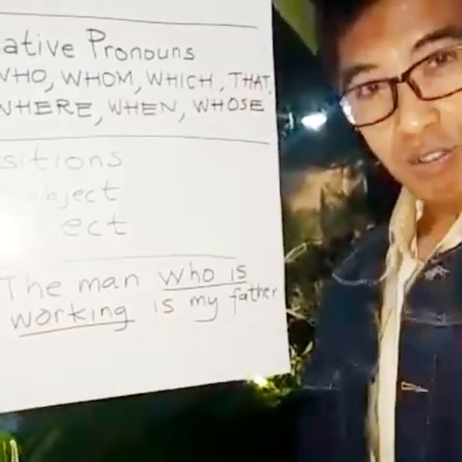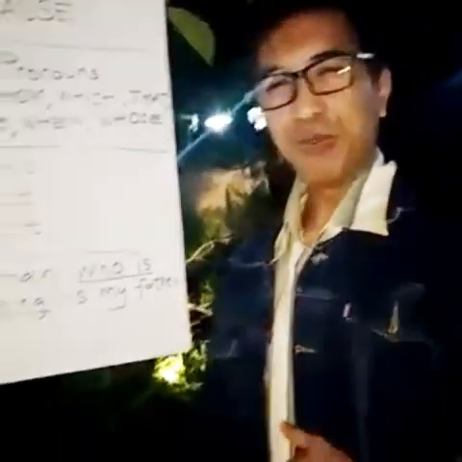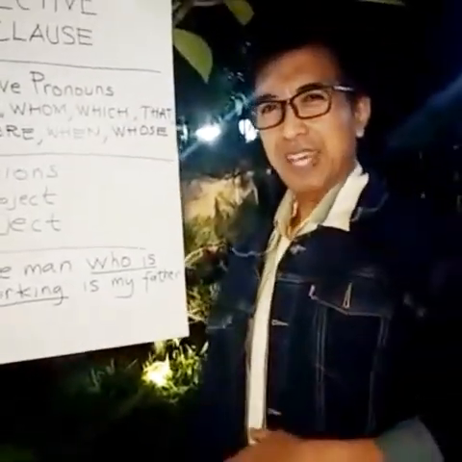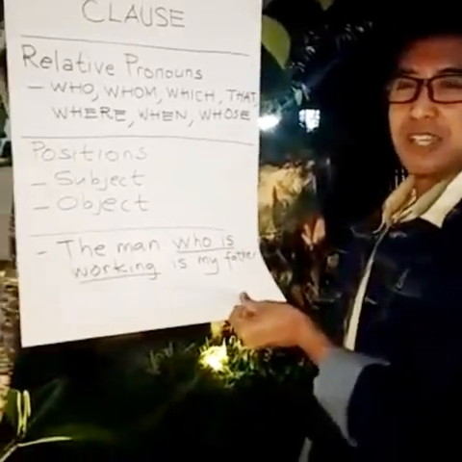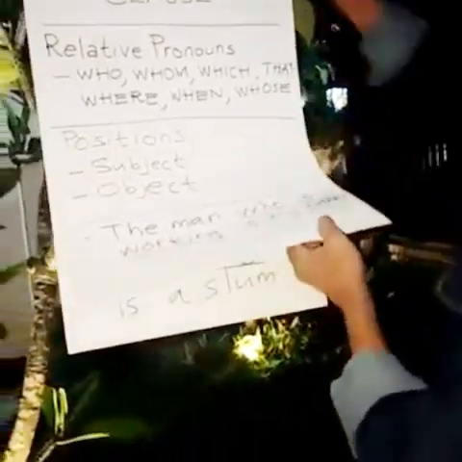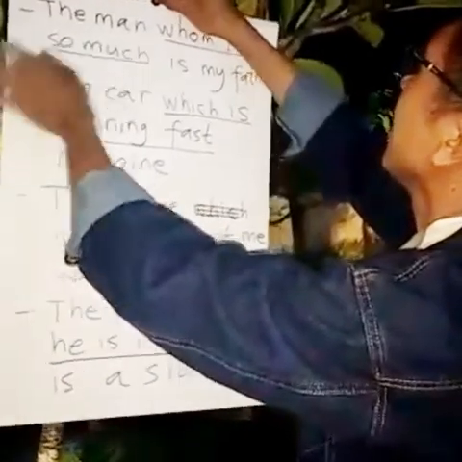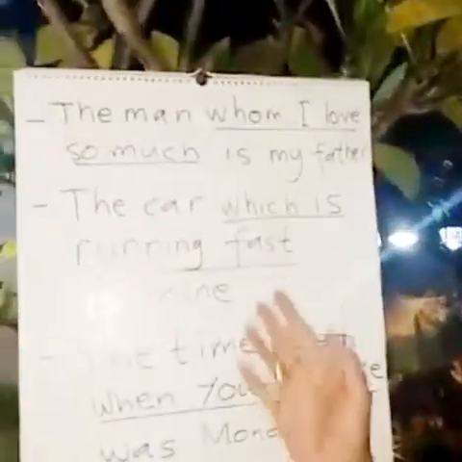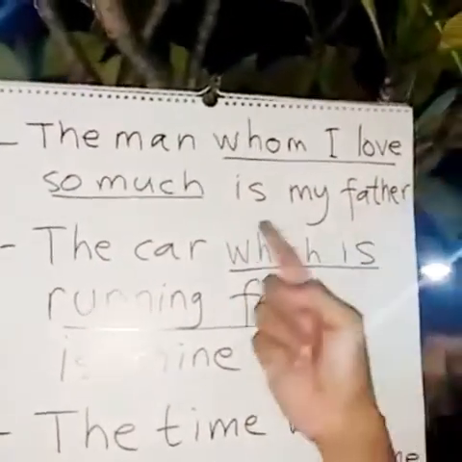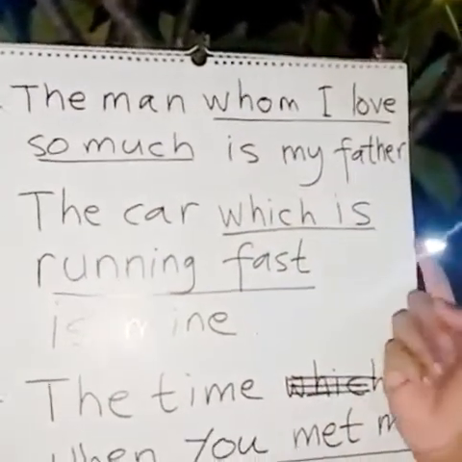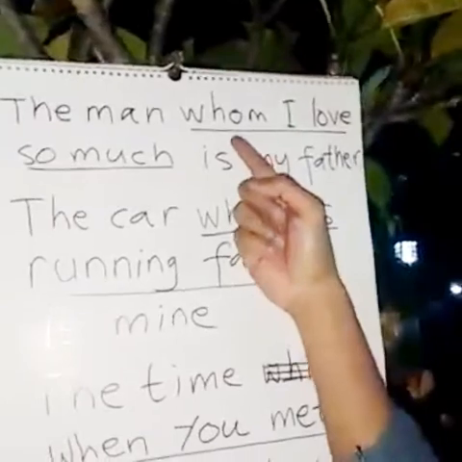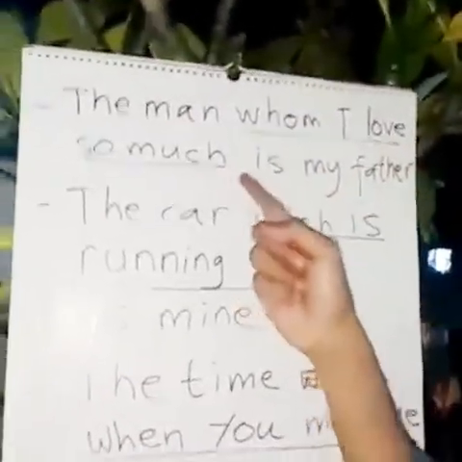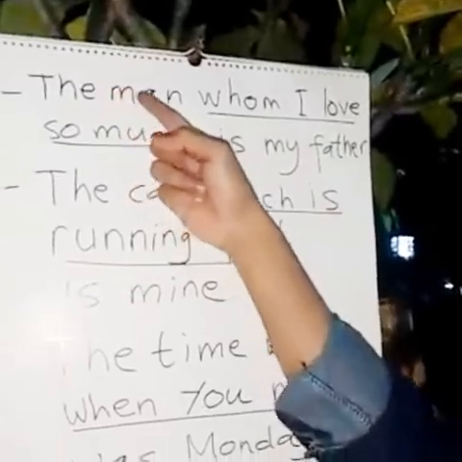Hopefully, you all understand what I explained. Okay, let's continue to the next example. Okay, here is the second example. The man whom I love so much is my father. Pay attention to the underlined sentence. Whom I love so much modifies the man.